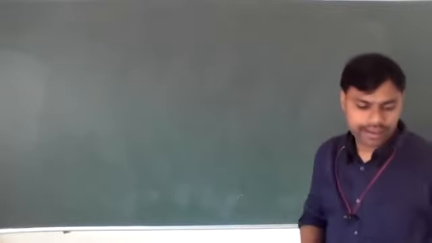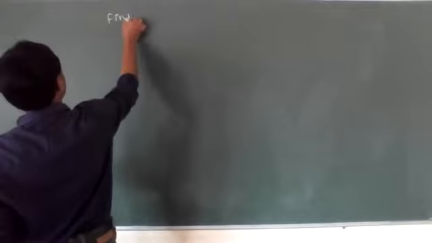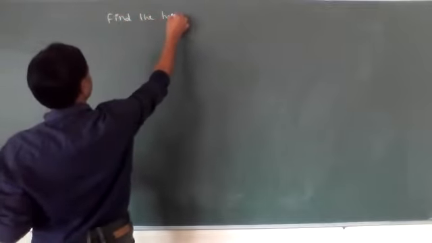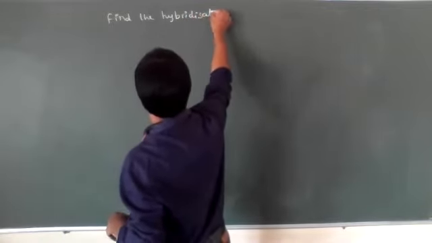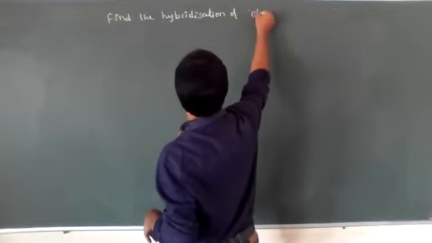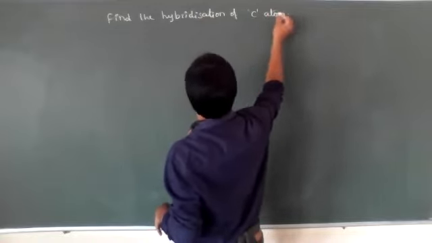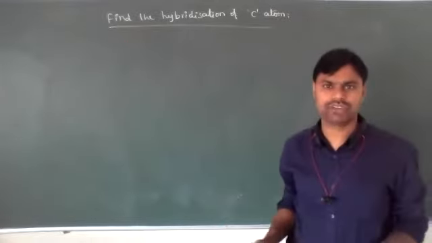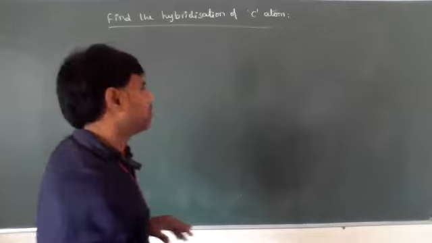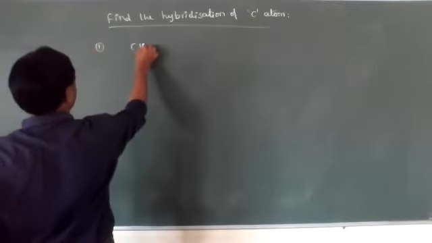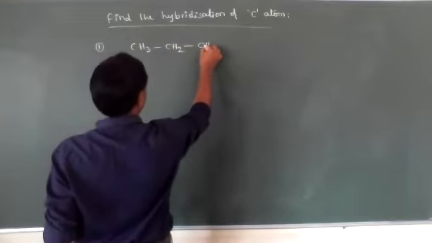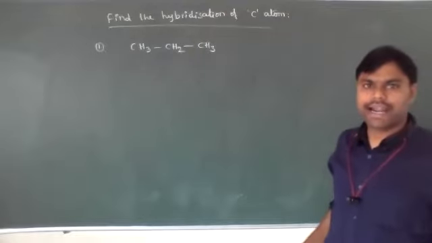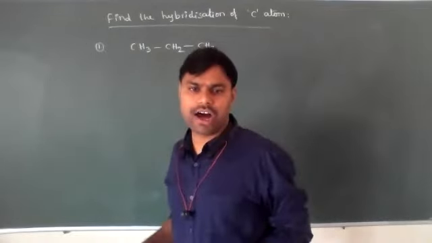Okay, let's see identification of hybridization of carbon. Find the hybridization of carbon atoms. See here, the three carbon atoms are present, all are single bonds.